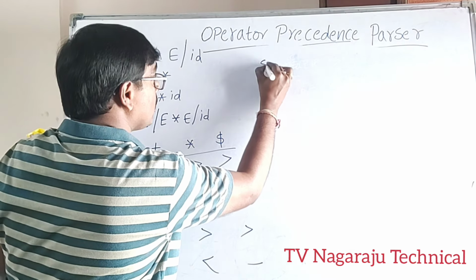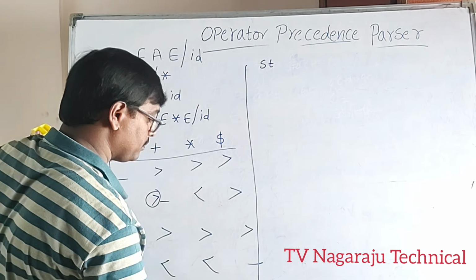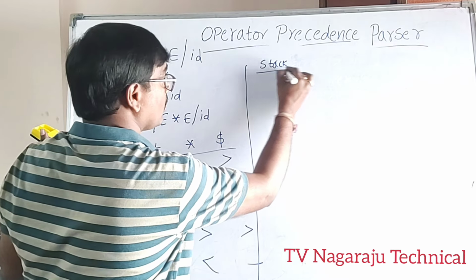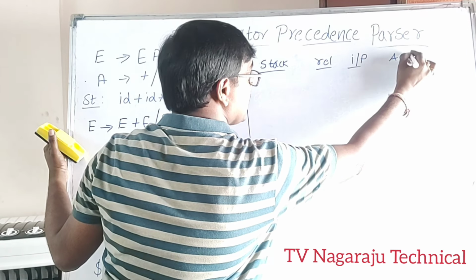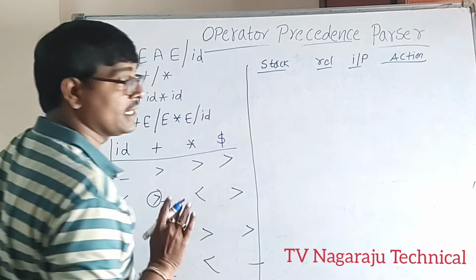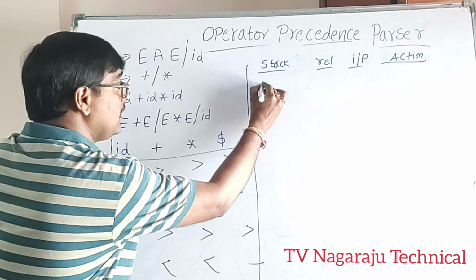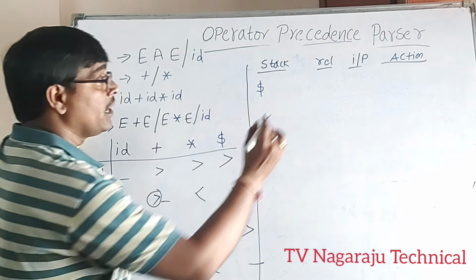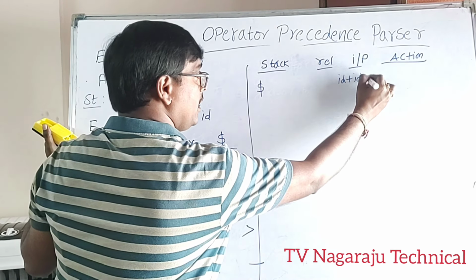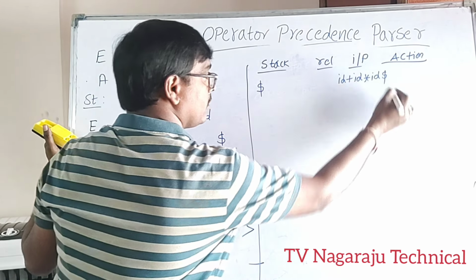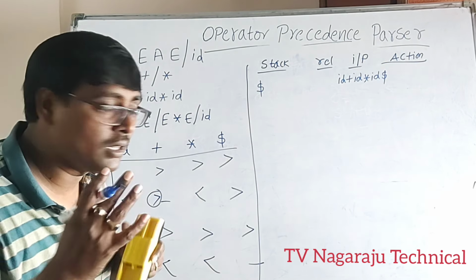Now, we have the stack, the relation, the input string, and the action we are doing. Initially, the stack is empty. Now, what is my input? ID plus ID star ID dollar. Now, step by step, observe the relation.